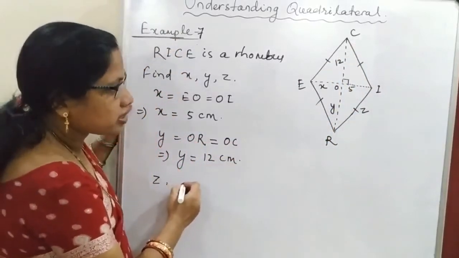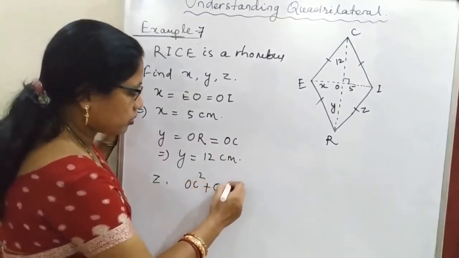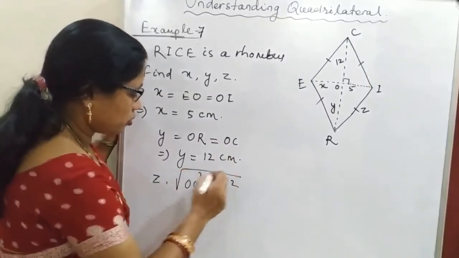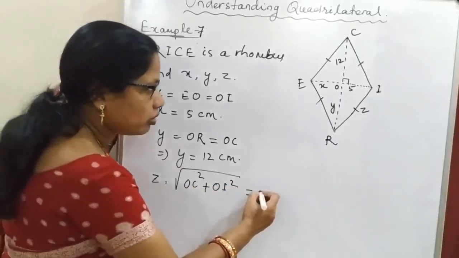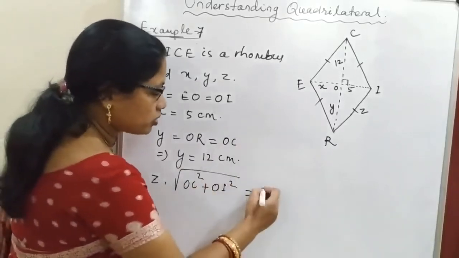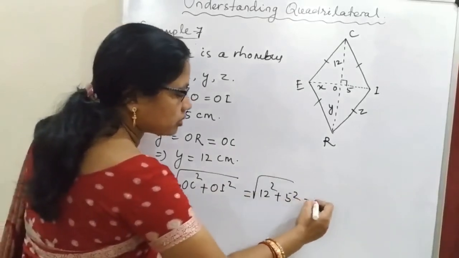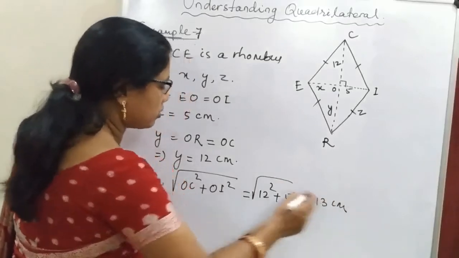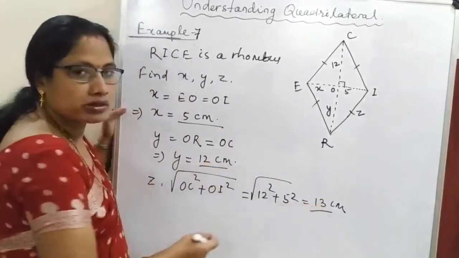So Z is equal to square root of OC square plus OI square. What is OC? OC is 12. So square root of 12 square plus 5 square. This is equal to 13 centimeter. So here we got X, Y and Z.